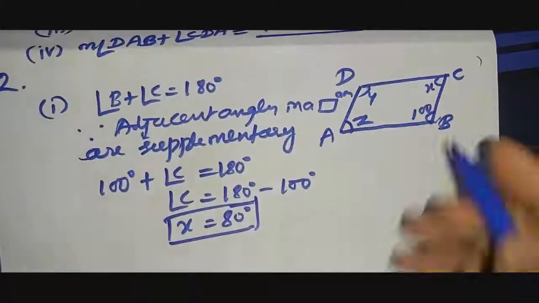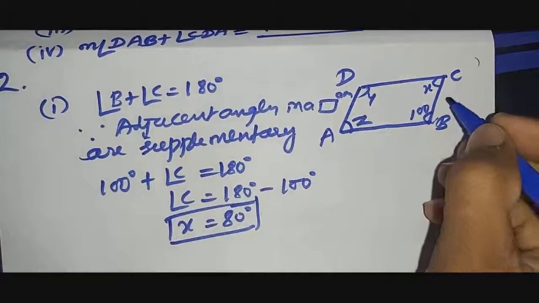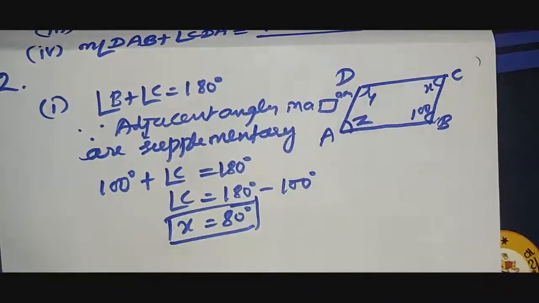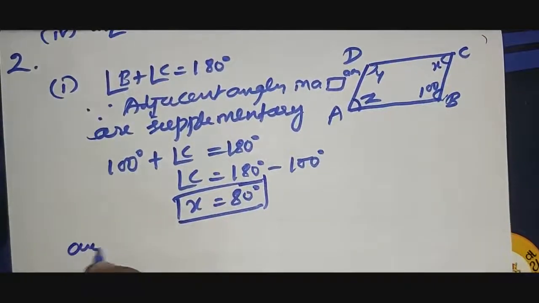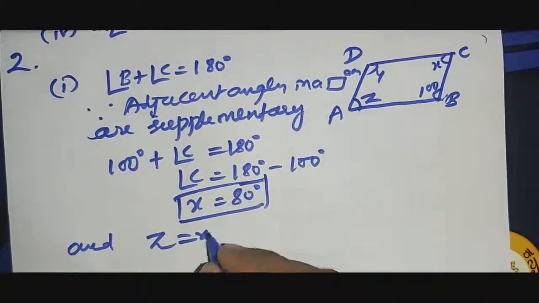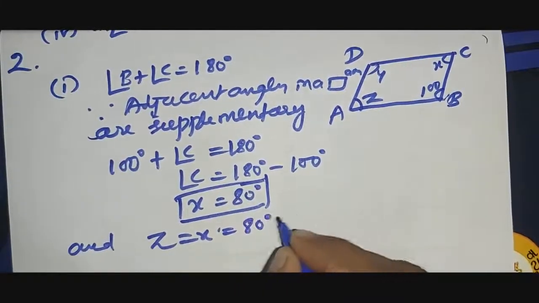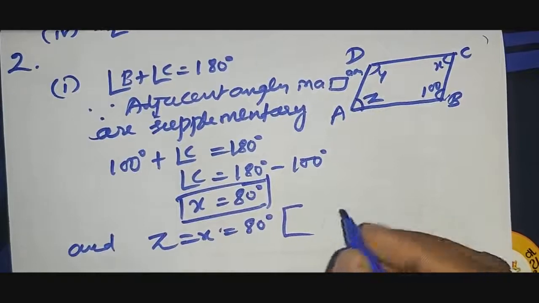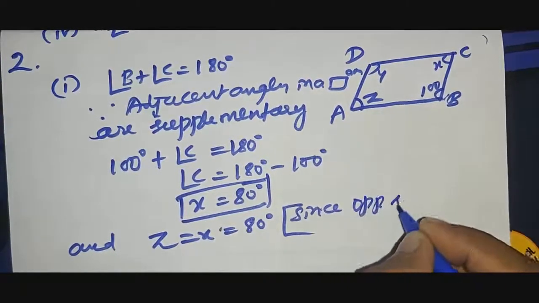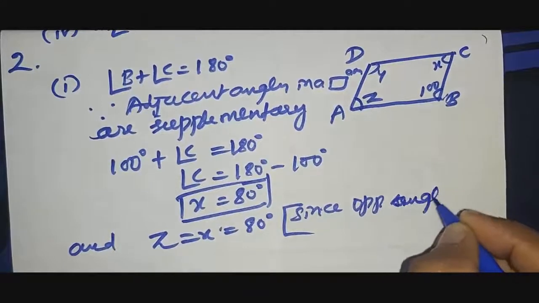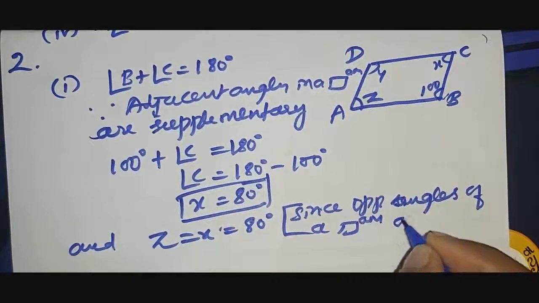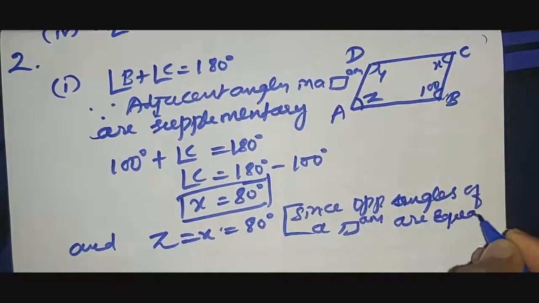Now if x is equal to 80 degrees, angle C is also 80 degrees. Therefore opposite angles in a parallelogram are equal, and z is equal to x, which is 80 degrees, since opposite angles of a parallelogram are equal.